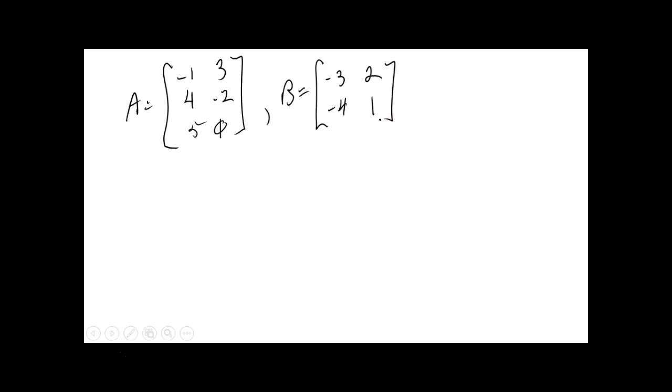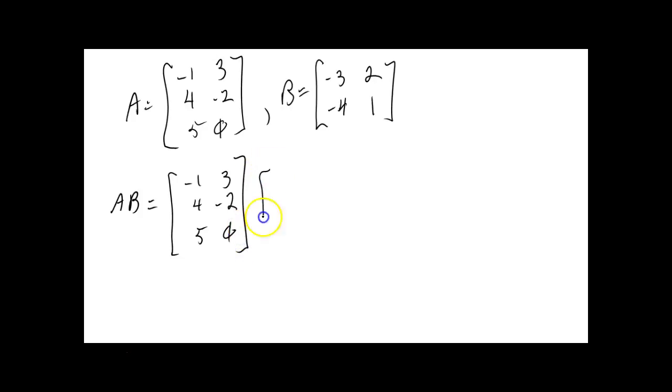And we're asked to find the product AB. Now, I know it's a lot of writing, but I would write down the two matrices again. I wouldn't try to do them in my head, especially not to begin with, and maybe not ever. I think it's safer to write them down.